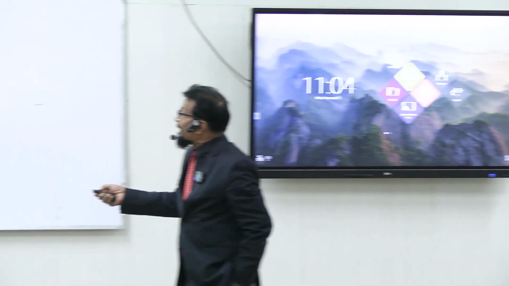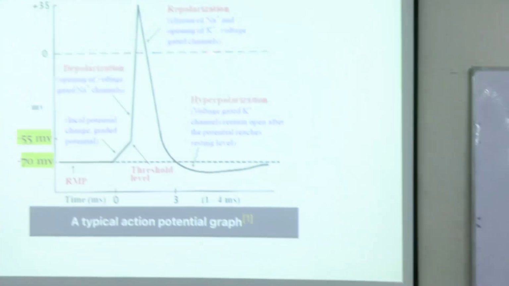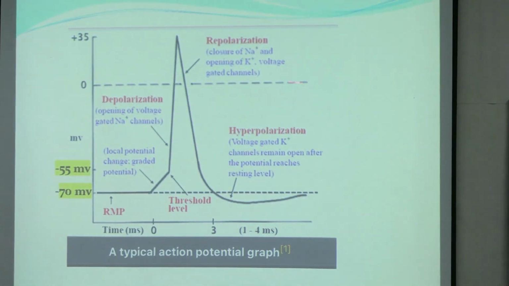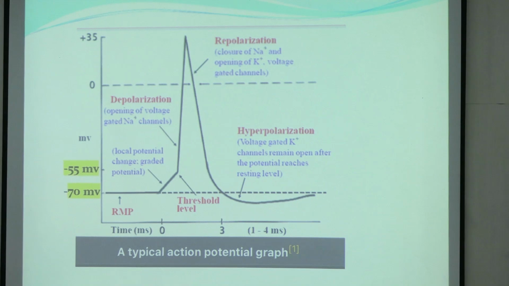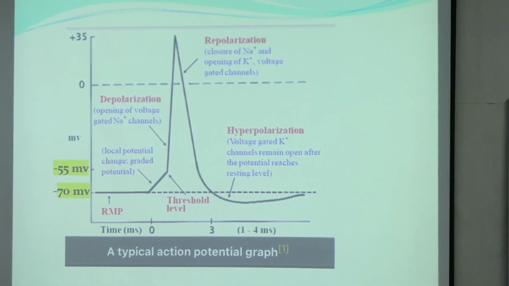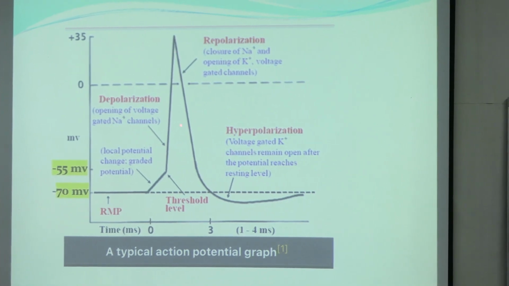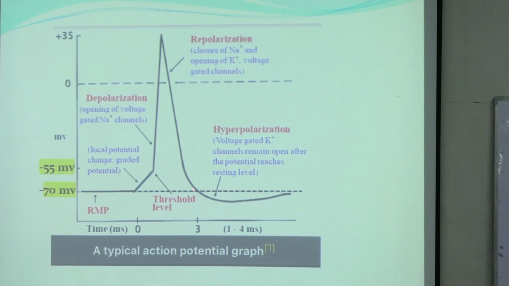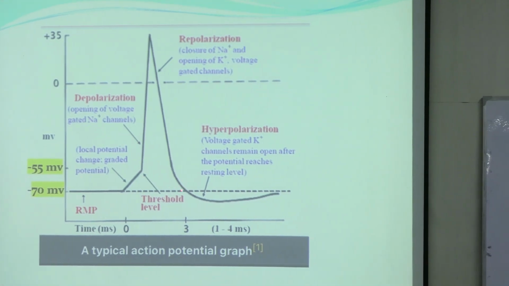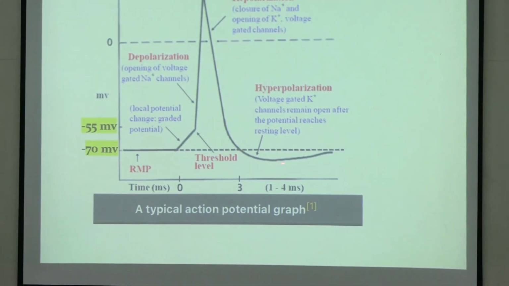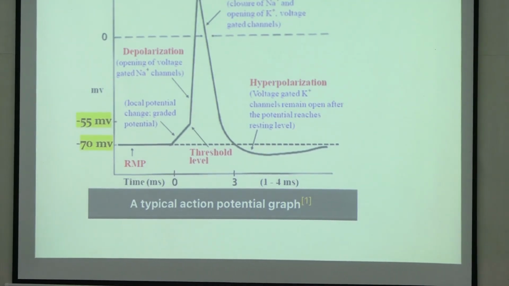So here you can see the opening of potassium voltage-gated channels. As a result, potassium ions are coming out. Still some more potassium are coming out. As a result, the membrane potential goes beyond minus 70 millivolts, say minus 80 millivolt.